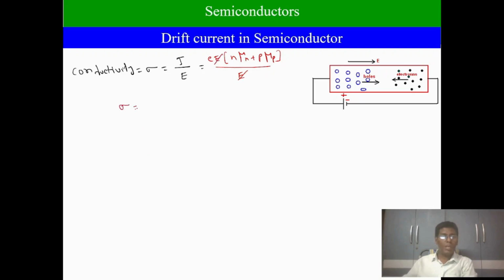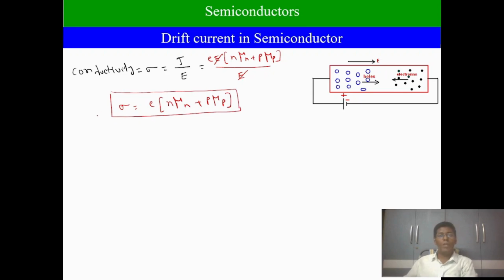So what can I write? Sigma is equal to small e into N mu n plus P mu p. This is the expression for the conductivity of the semiconductor because of the drift process.